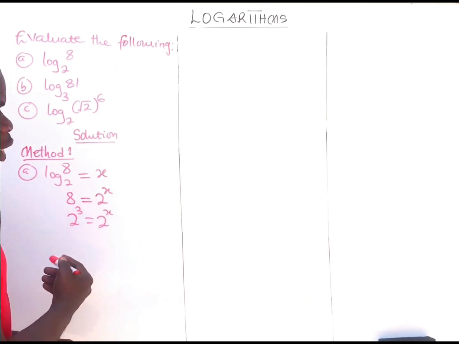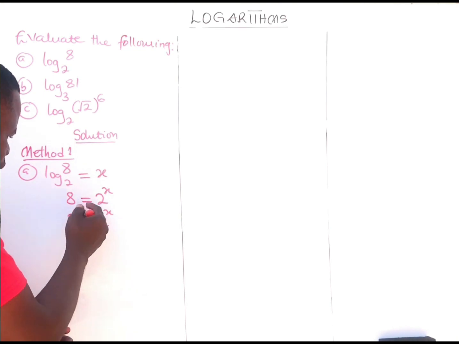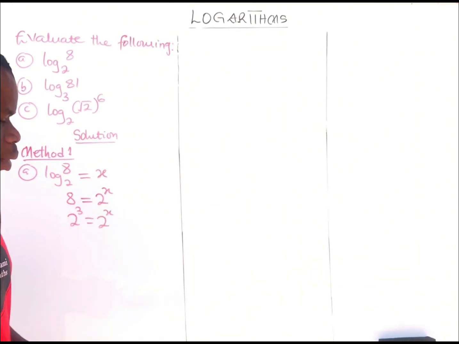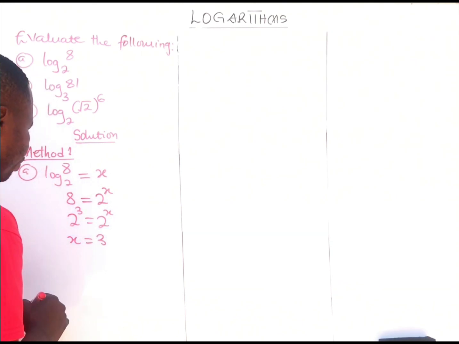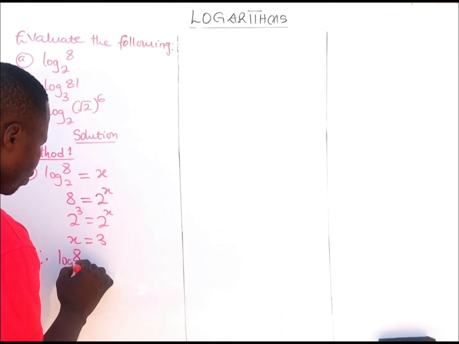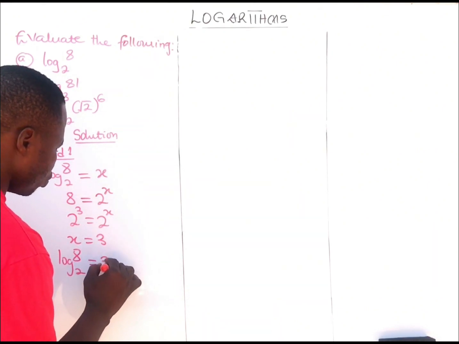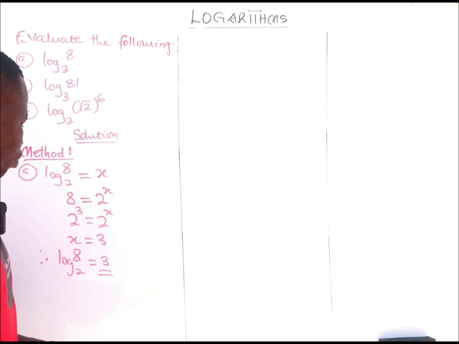And now the bases are the same. That is 2 is equal to 2. It means that the powers too will be the same. So I can now say that x is equal to 3. Therefore, log 8 base 2 is equal to 3. So this is my answer for that.